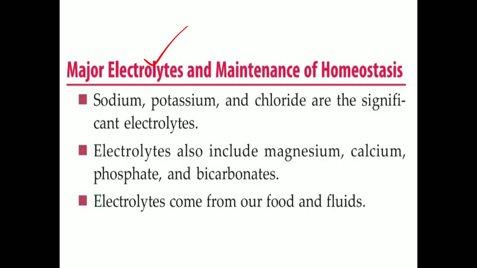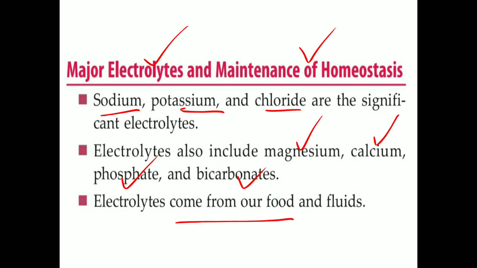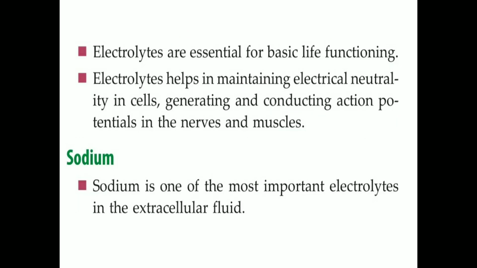Now we'll discuss major electrolytes and how their homeostasis, their balance, is maintained. Sodium, potassium, chloride are the major electrolytes in the body. The electrolytes may also include magnesium, calcium, phosphate, bicarbonate, etc. Electrolytes come from our food and fluid.